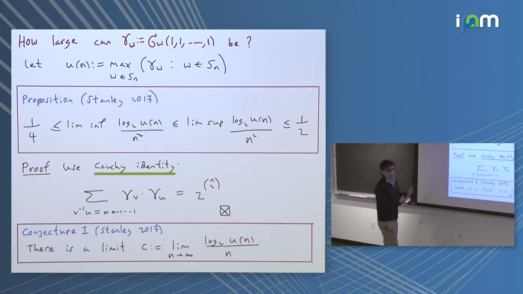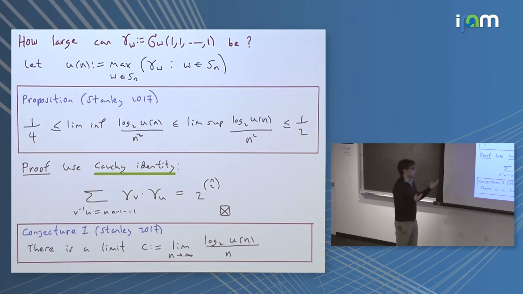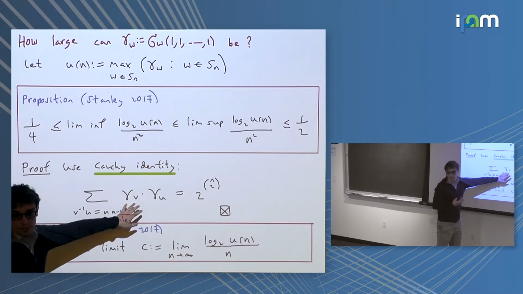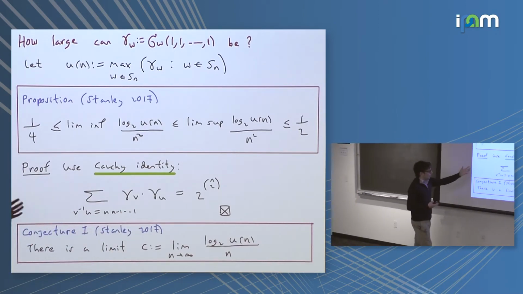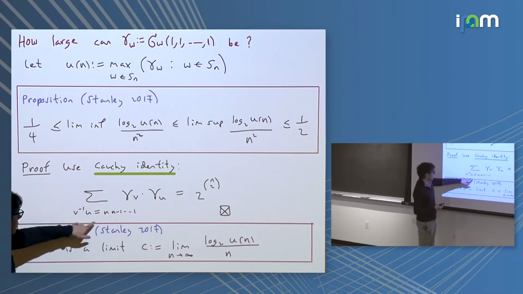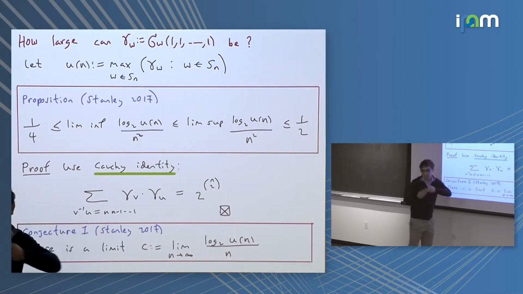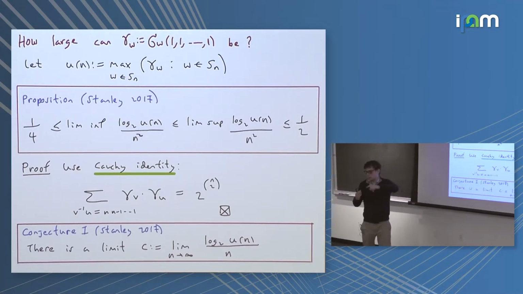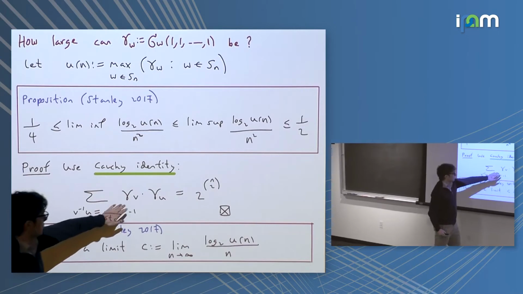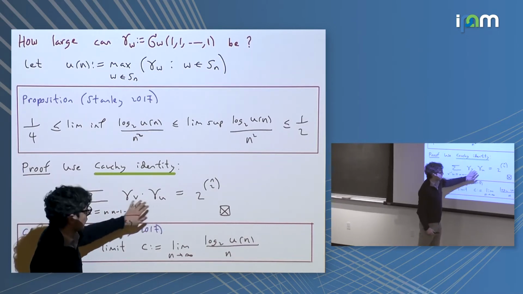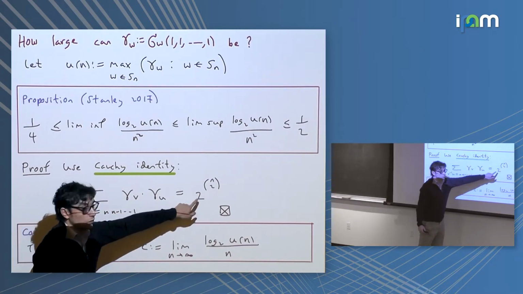So there is this Cauchy identity. I guess maybe you could think of it as kind of what we saw yesterday in Damir's talk, like Burnside's identity, an analog of that. So if you sum over 2 permutations that, when you multiply them, give you the permutation n, n minus 1, all the way to 1, that's w0. If you multiply the principal specializations of those 2, you get 2 to the n choose 2.